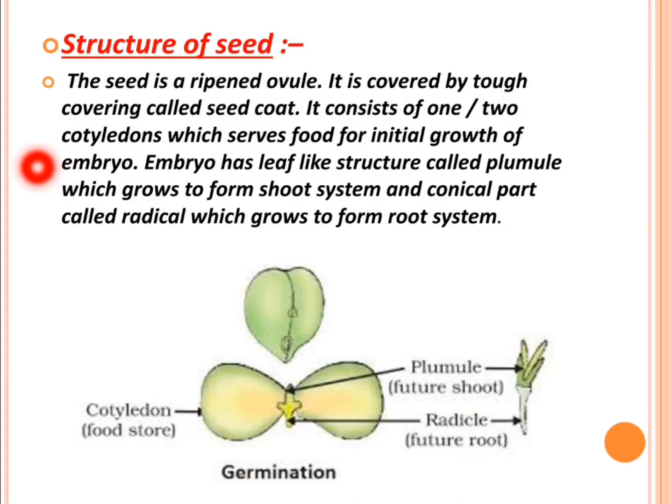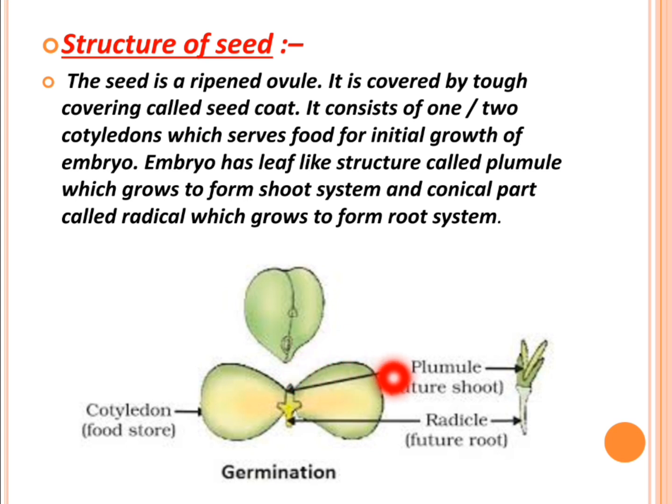Now let us see the structure of seed. Seed is a ripened ovule. It is covered by a tough covering called seed coat. It consists of one or two cotyledons which serve as food for the initial growth of the embryo.